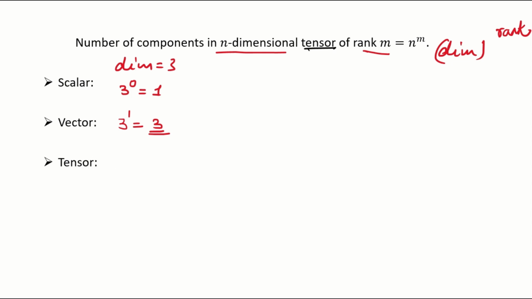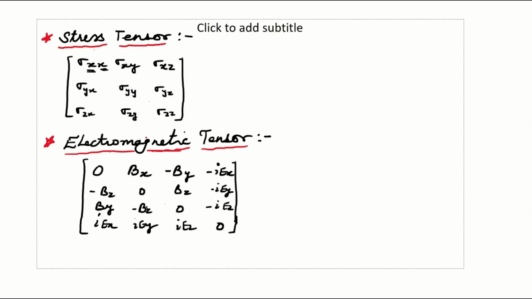So this is the general formula to find the number of components of a tensor. I have considered here two tensors, the stress tensor and the electromagnetic tensor. The stress tensor is a tensor of rank 2 and dimension 3. So how many components? Dimension to the power rank, which is 9.